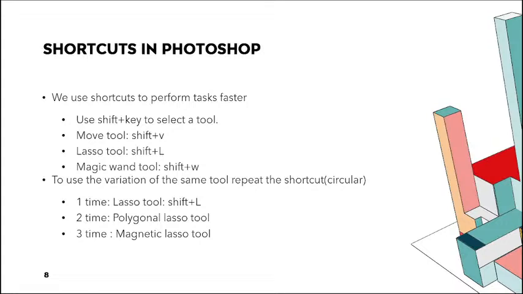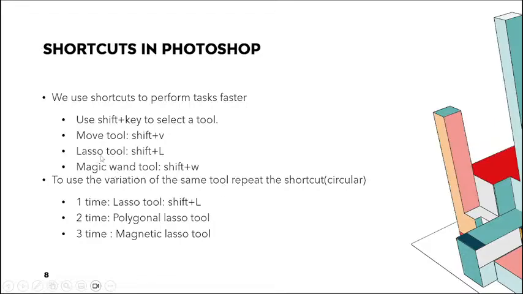But if you want to take the lasso tool instead of the move tool, then you have to press shift and L. And there is another tool called the magic wand tool. For that you can use shift and W. Likewise, there are various tools. For the shortcut you have to use the related letter with the shift key.